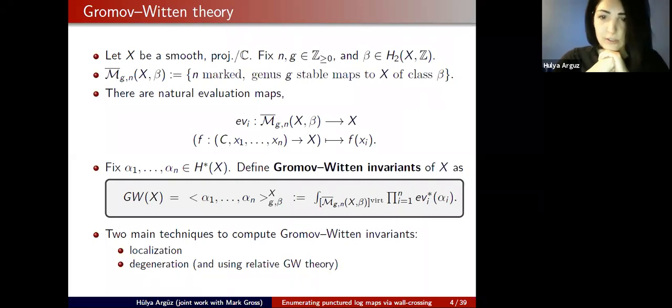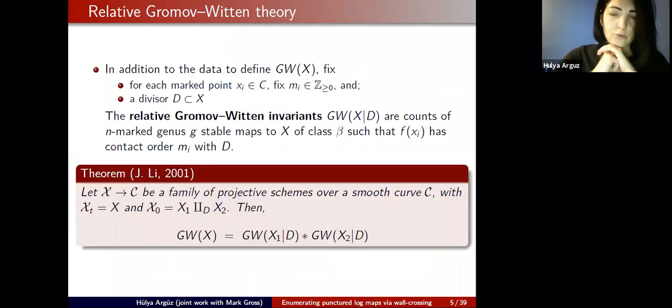The two main techniques to compute Gromov-Witten invariants are given by localization and degeneration techniques, the latter using relative Gromov-Witten theory. So what I will talk about today is essentially an expansion of relative Gromov-Witten theory.